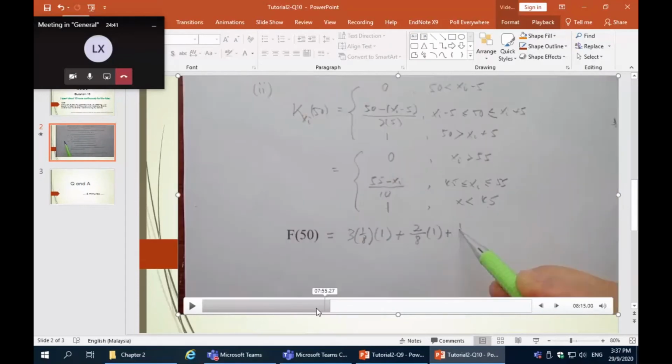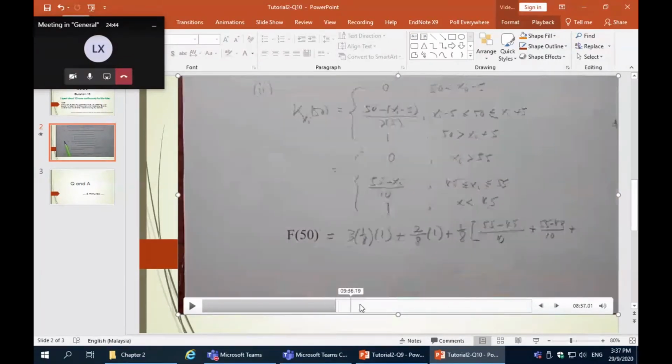Next we have 3 data that fall in this group that will have this value, depending on your observation. Once you simplify, then you will have this result. So this is part A under this uniform kernel. Uniform is very easy to calculate.